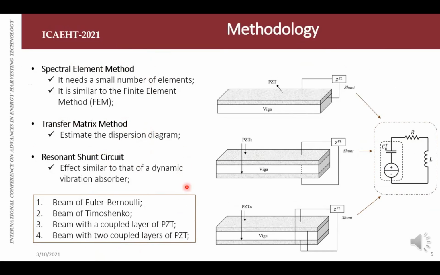These formulations are used to represent the beam structures of Euler-Bernoulli and Timoshenko, and beams with one and two layers of piezoelectric coupled. For the beam with one piezoelectric, we have the Euler-Bernoulli theory, and for the beam with two piezoelectric, we have the Timoshenko theory.